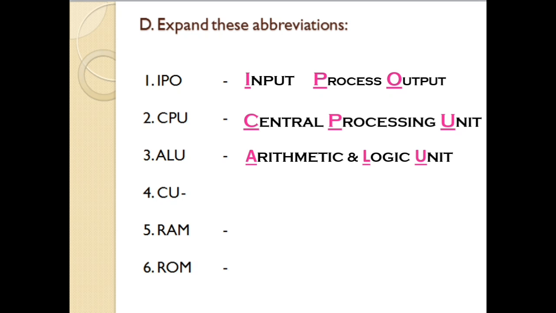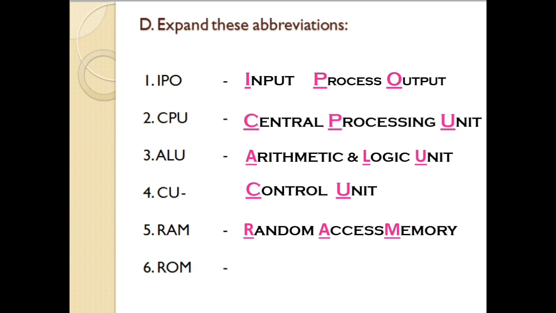Arithmetic and Logic Unit. The next one is control unit. The expansion of CU is control unit. The next one is RAM, random access memory.